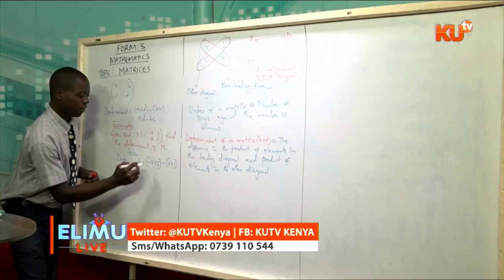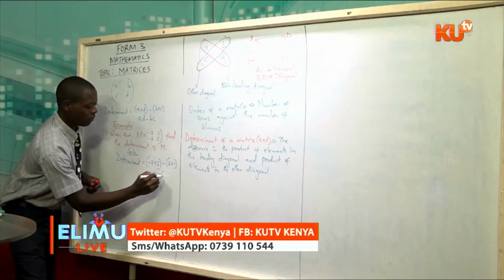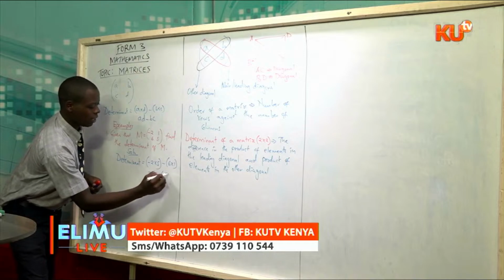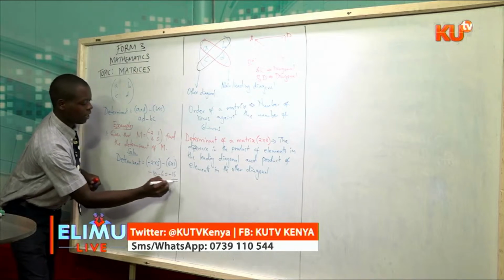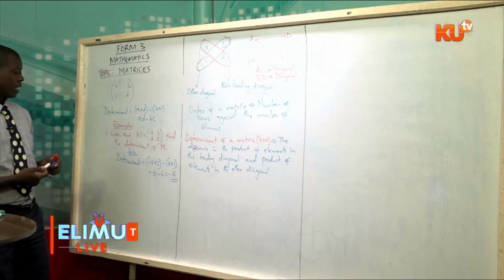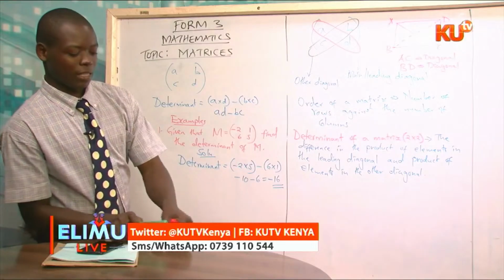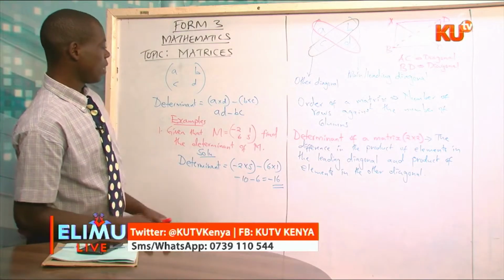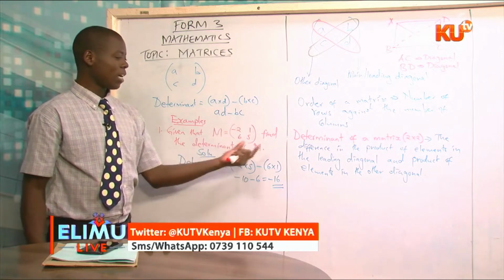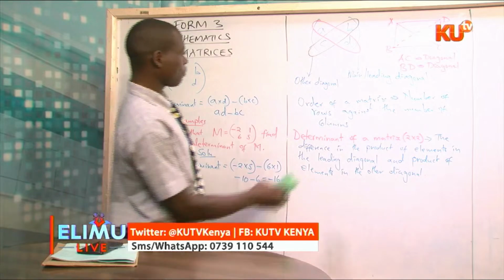Negative 2 times 5 gives us negative 10, minus 6 times 1 gives us 6, and this gives us negative 16 as our determinant. So the determinant of this matrix is negative 16. Again, why negative 16? That is the difference between the product of elements in the leading diagonal and the product of elements in the other diagonal.